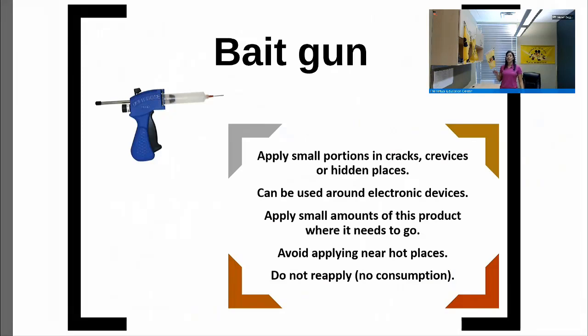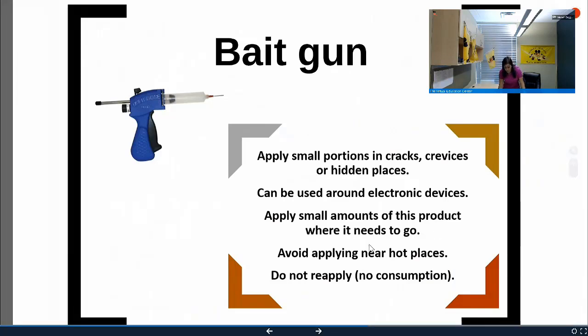If your customer does not have an infestation, don't apply the gel bait, because once the gel bait dries out, which will take a day or two, the pest won't feed off that dry bait. Okay? So, if you're not seeing that the bait is being consumed, if there is no activity, don't apply. And don't apply near hot places because it will dry out very fast.